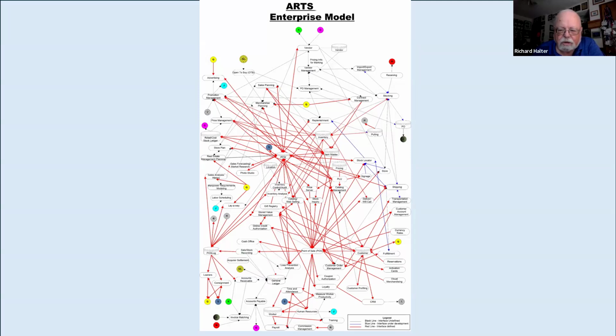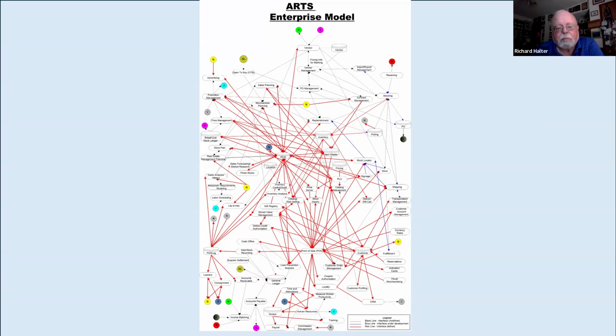I started in retail technology some 30 years ago. And when I started, one of the things we were trying to do was connect applications in retail. And I built this drawing back in about 2000. And all of these red lines are interconnections between all of the various applications in retail.